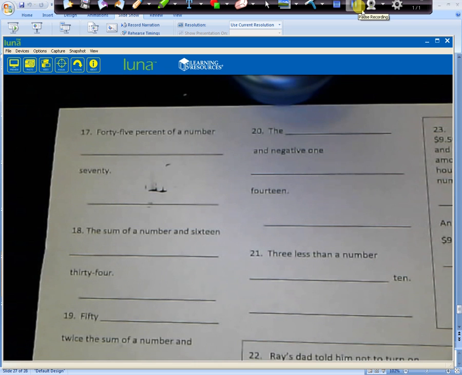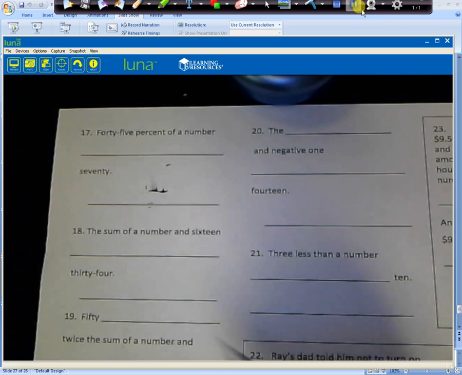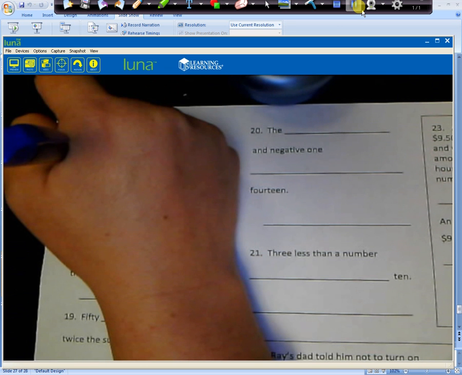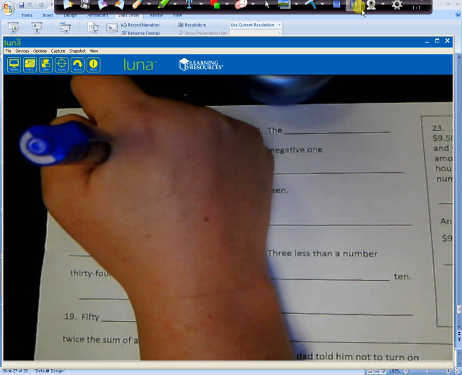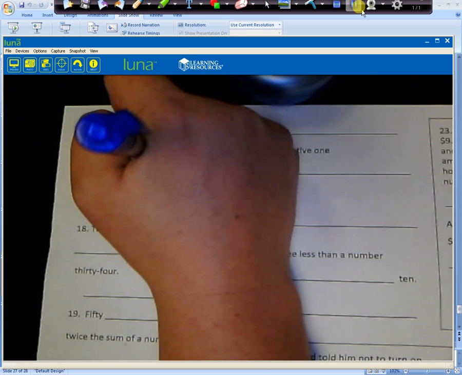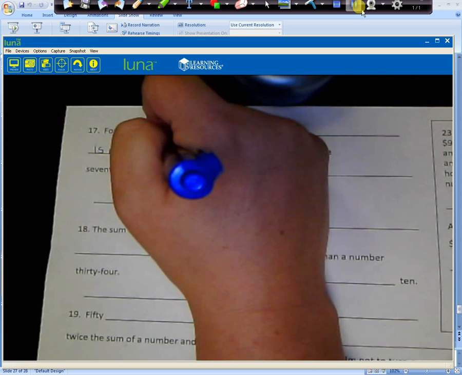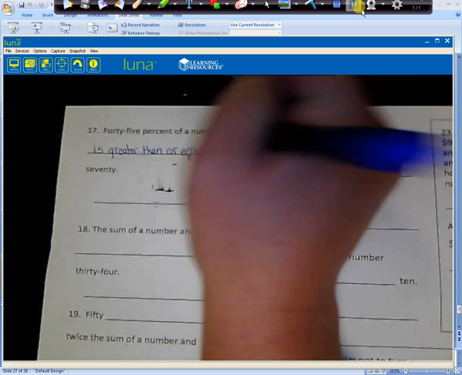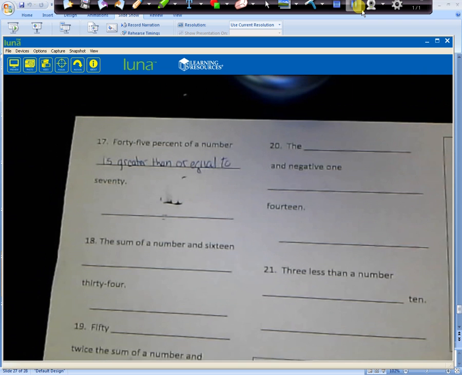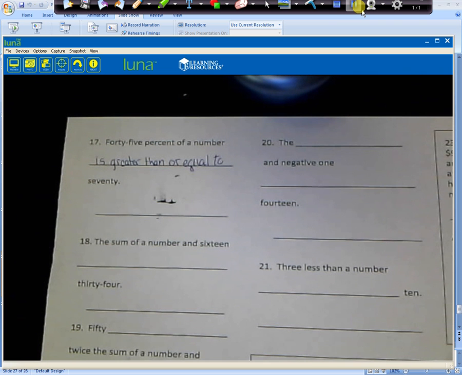All right, now we're going to look at number 17, and it says 45% of a number is greater than or equal to 70. So again, make sure you have that blank filled in.